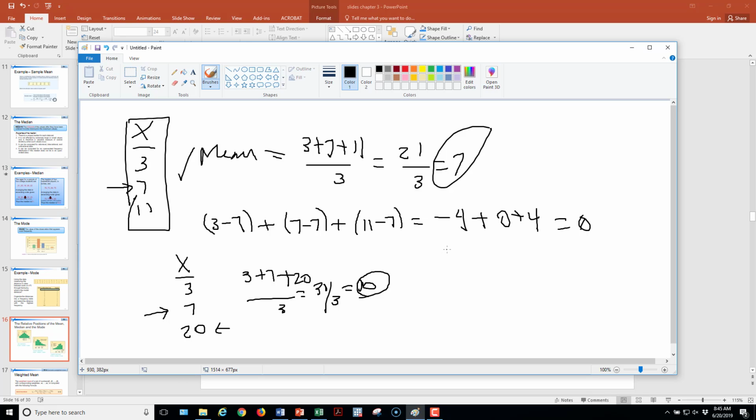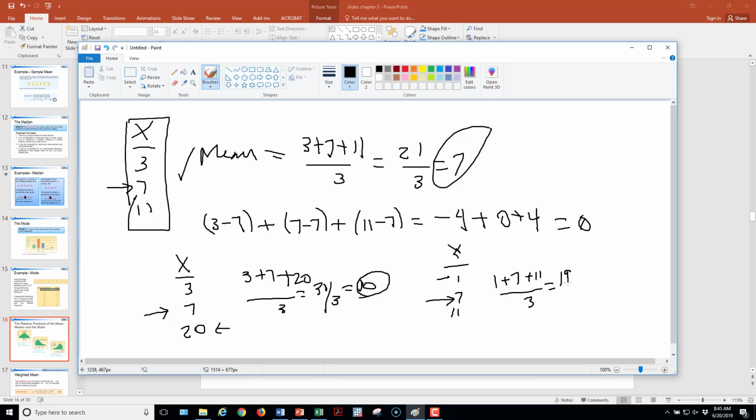Now you can also have the other extreme. For example, 1, 7, and 11. In this case, the average is going to go down, and the median is still the same. Because if we calculate the average this time, it's going to be pulled down by this 1 here, and now we're not going to have a whole number.